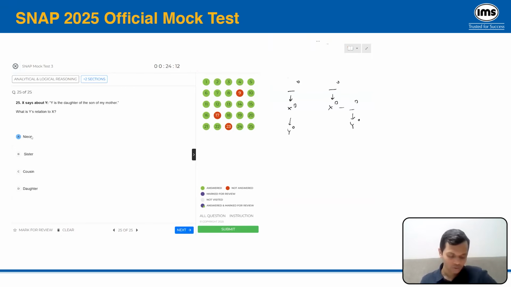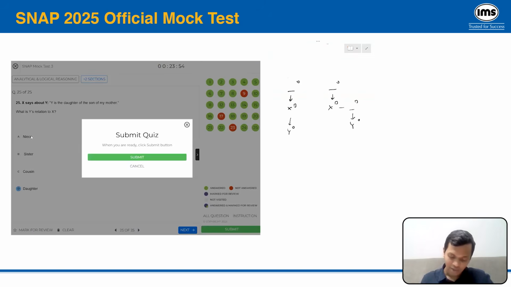But Y can be daughter also. See, this is where the problem is, right? Because you don't know the gender, so it can be daughter or niece also. So this is also, I don't want to submit.